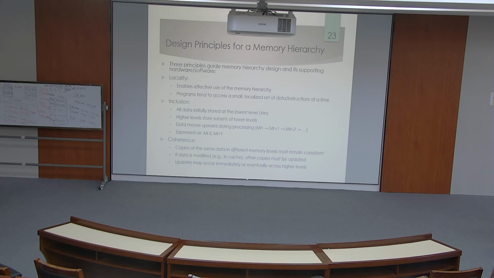So if any data is modified in any level, let's say in level 1 cache, and the same data exists in level 2 cache, that means the level 2 cache also needs to be updated about the change. Updates need to propagate, immediately or eventually, across all the higher memory levels.